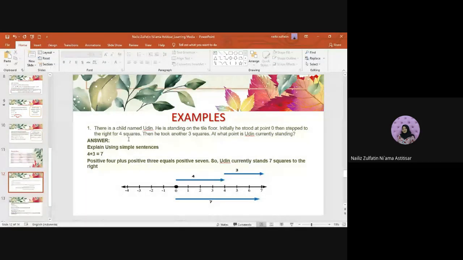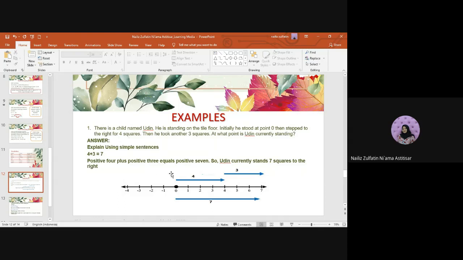There is a child named Udin. He is standing on the tile floor. Initially, he stood at point 0, then stepped to the right for 4 squares, then he took another 3 squares. At what point is Udin certainly standing?